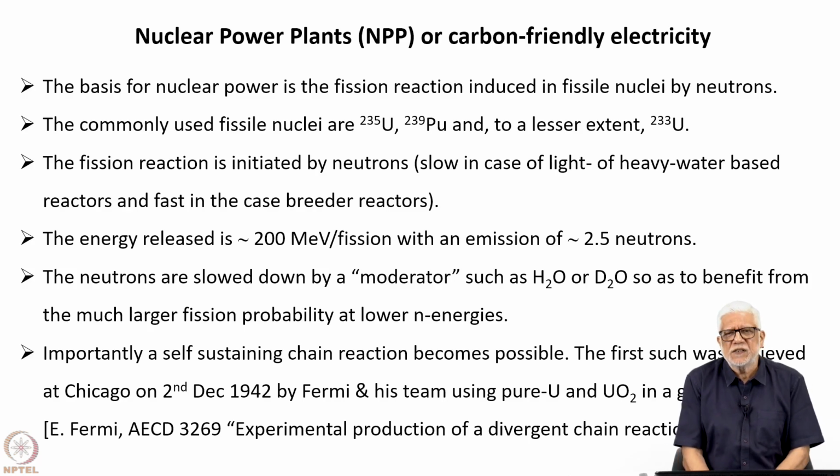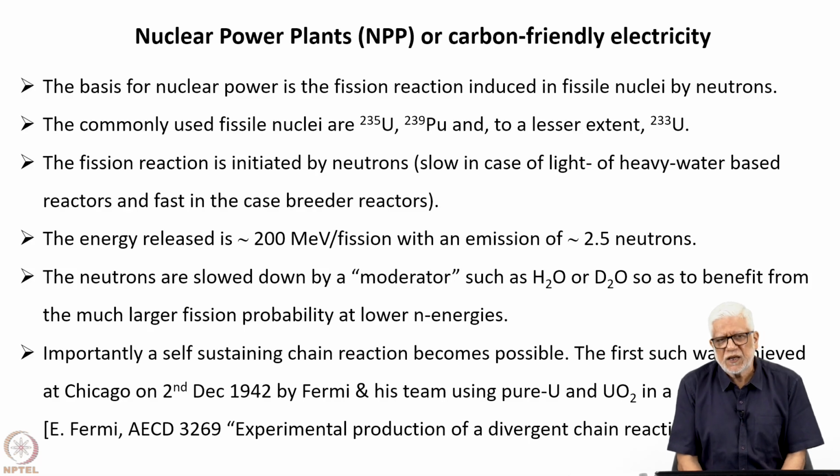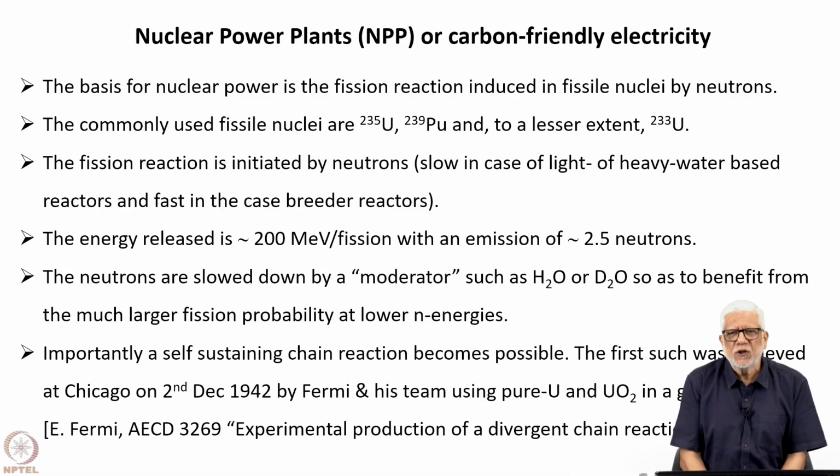The energy release, as I said already, is about 200 MeV per fission with emission of about 2.5 neutrons. So you have the extra neutrons to play with, so they can also be used for other purposes. Of course, some of them get absorbed in the material that constitutes the fuel. The neutrons are slowed down by H2O or D2O, actually the proton or the deuteron.